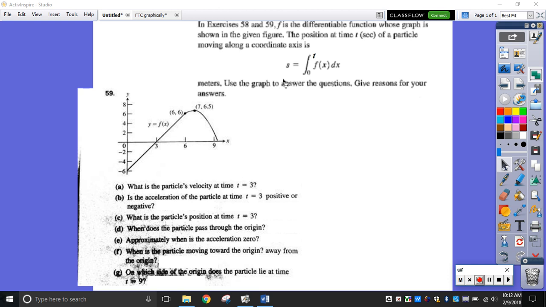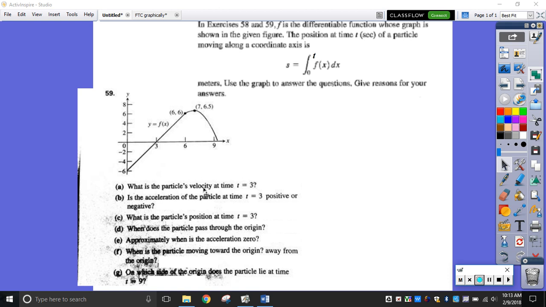And the position would be represented as the integral, which means graphically it's represented as the area. And so using this interpretation, we can answer these questions about the velocity, acceleration, position, using this graph. So to start with, A asks, what is the particle's velocity at time t equals 3?